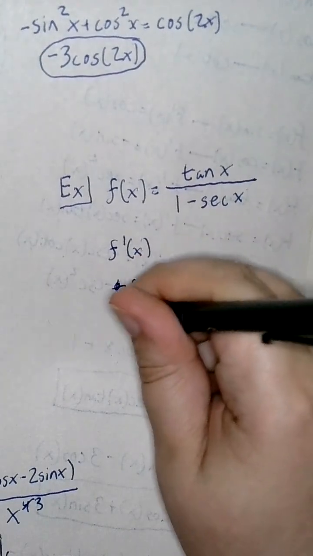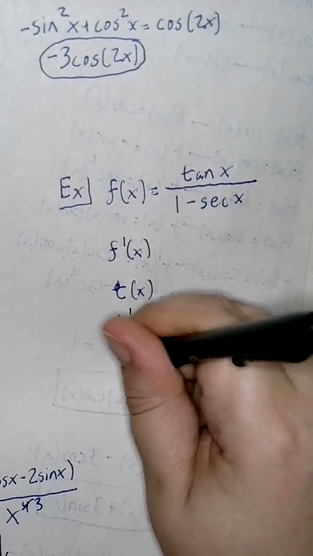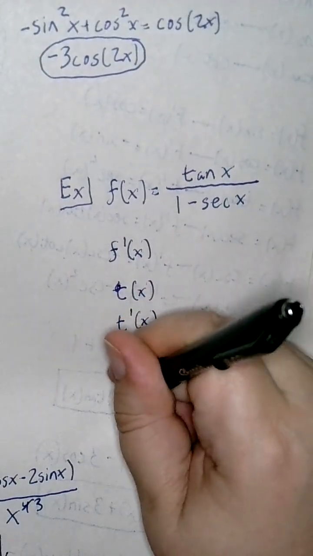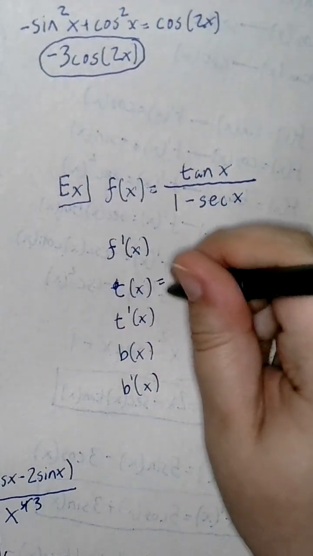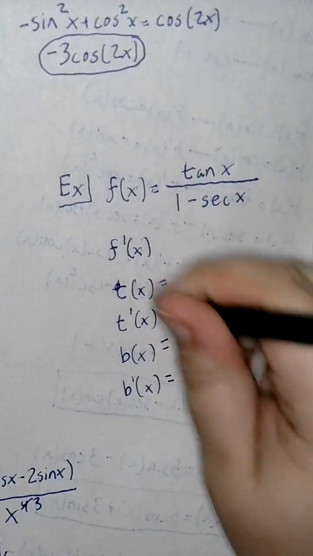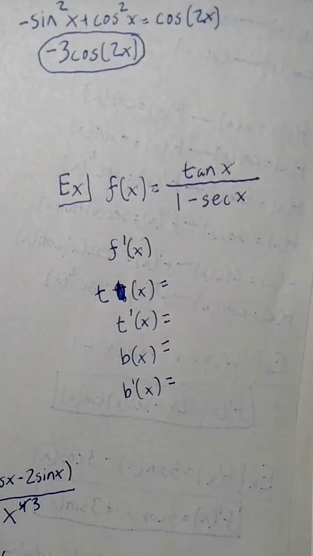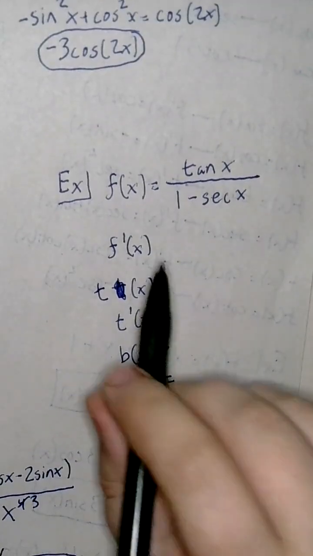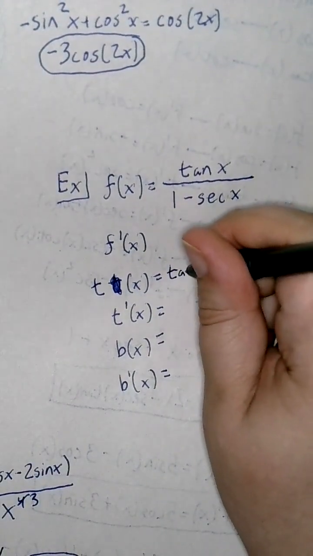So I have t of x, t prime of x, b of x, and b prime of x. So my t of x, again, is going to be my top function, which is tan.